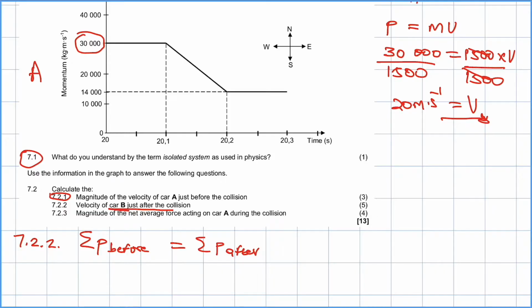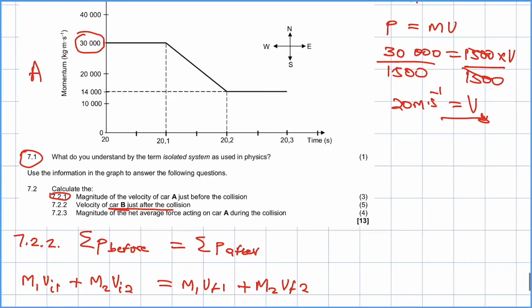Before, we have car A and car B as separate entities, so it's m1 vi of car 1, plus m2 vi of car 2, equal to m1 vf of car 1, plus m2 vf of car 2. We're looking for vf of car 2.